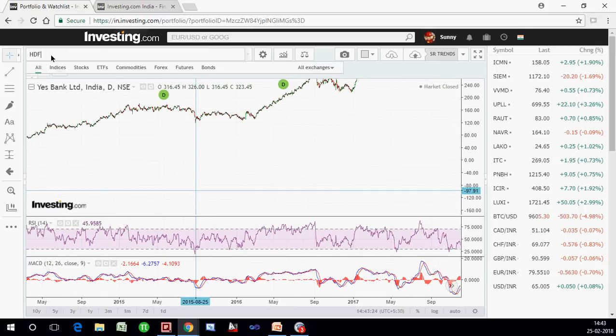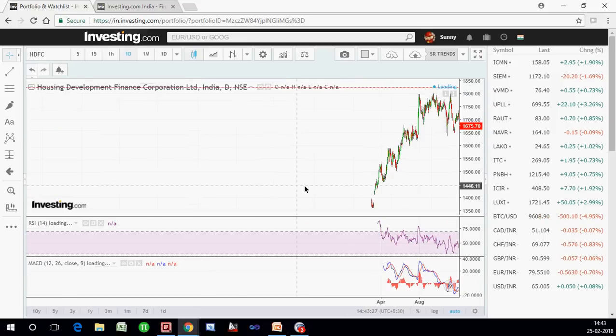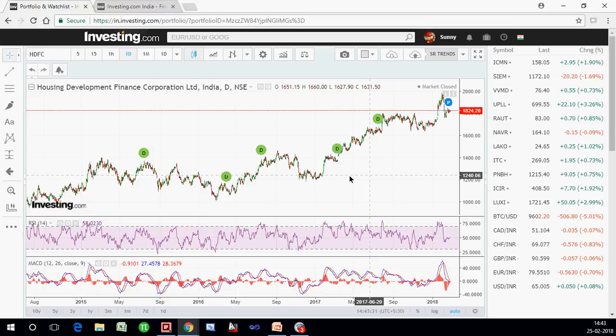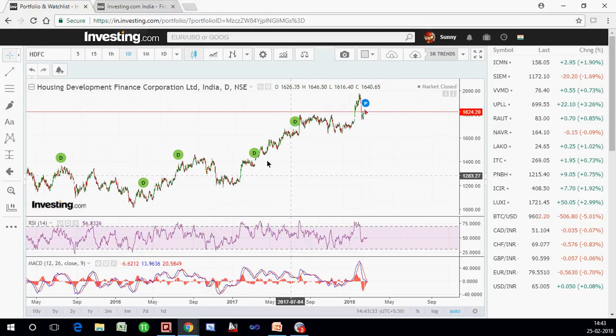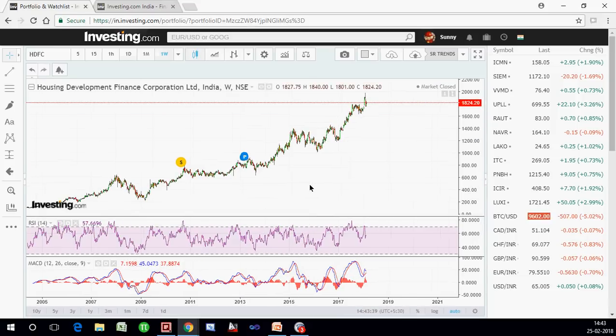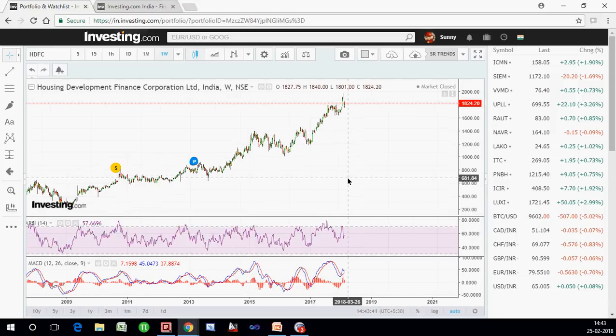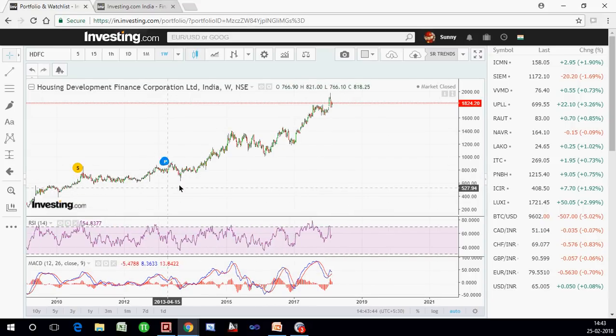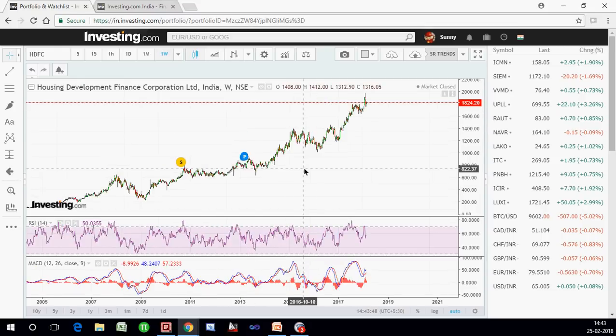Let's come to HDFC. This was requested by Mr. Nalini. First thing, if you want to analyze this chart for swing trades, come to the weekly chart straight away. Anybody can say the prices are moving up. All the moves are in the up direction.